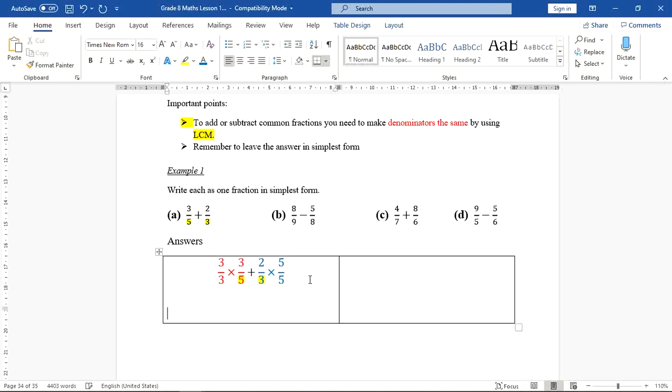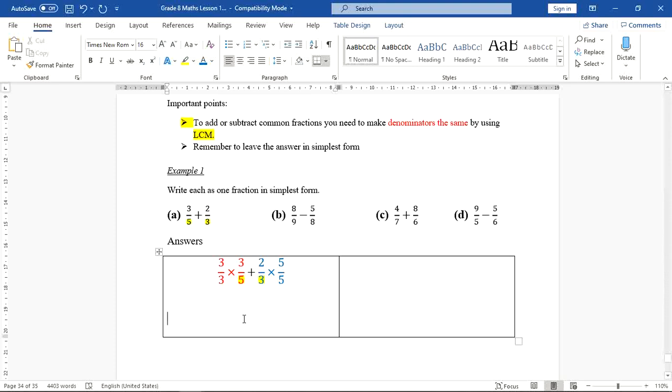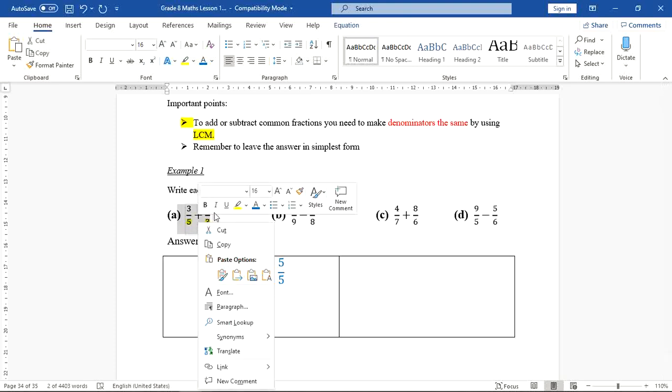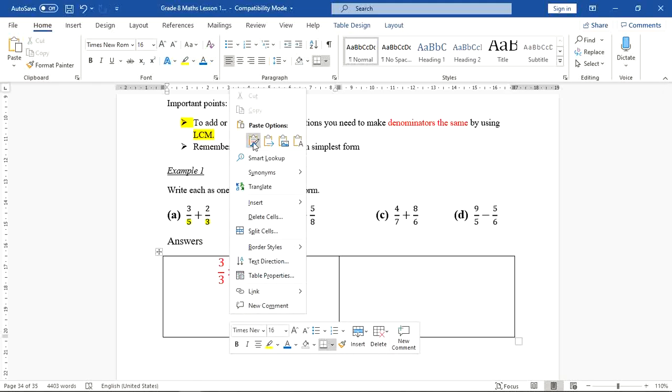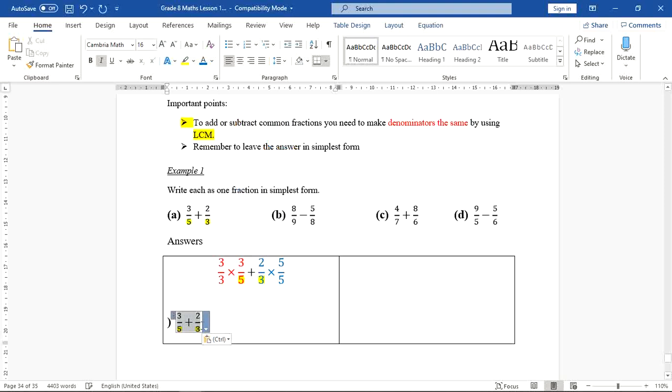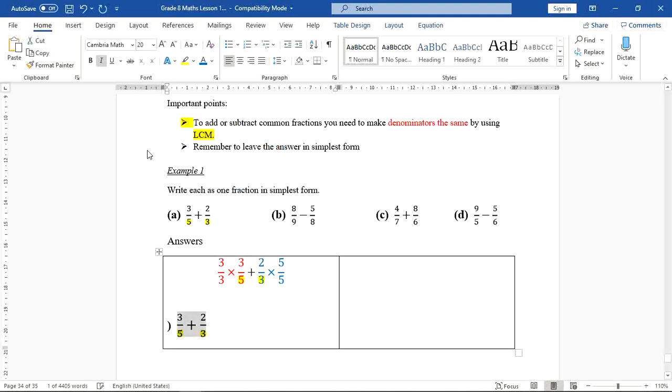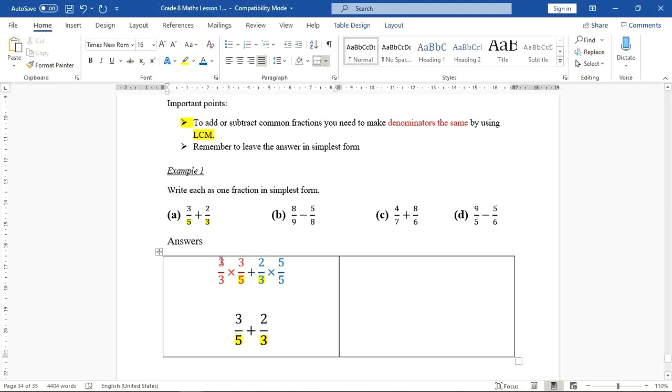So what will happen? Let me copy this and bring it here, and make it a little bit bigger so you can see what's going on. What is 3 times 3?